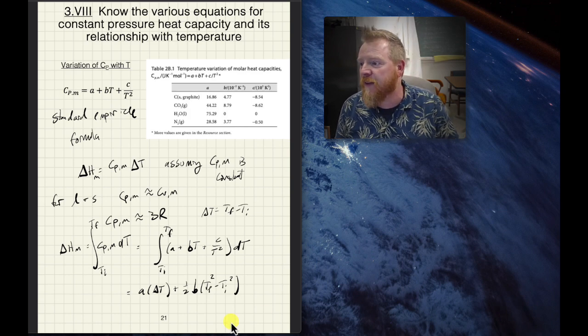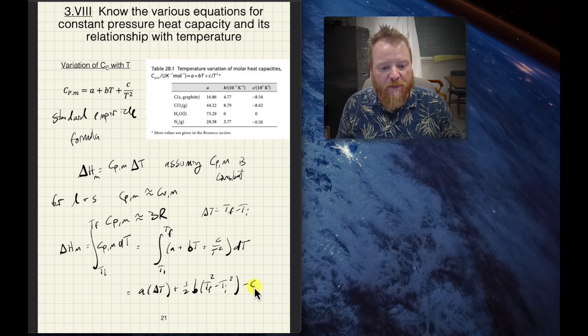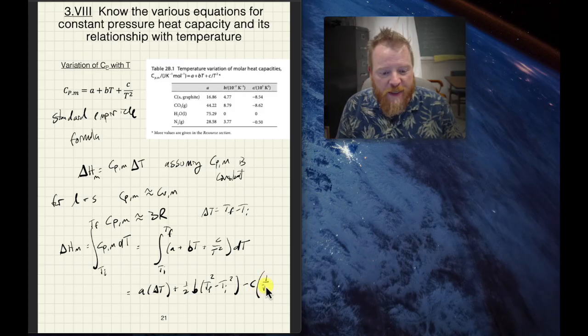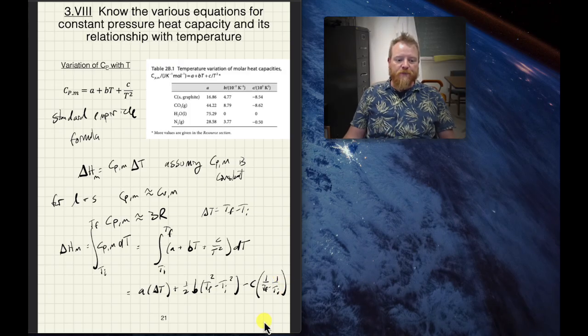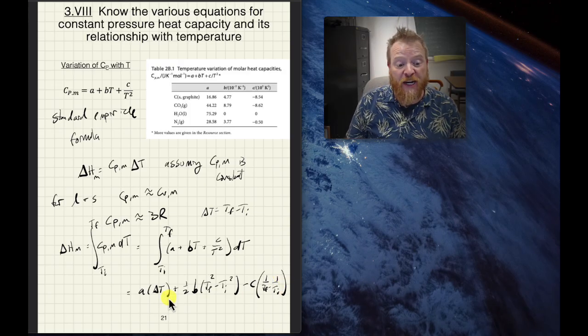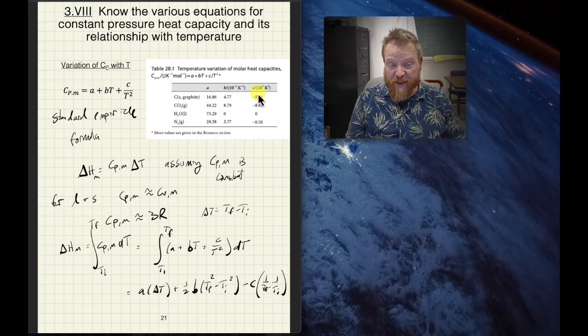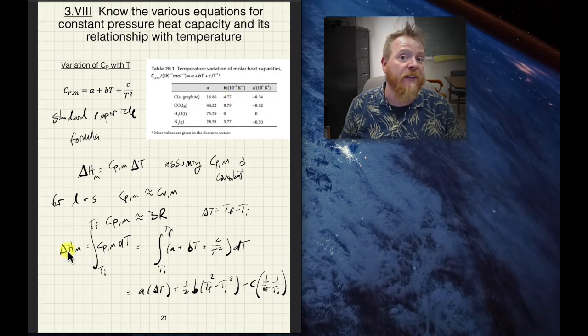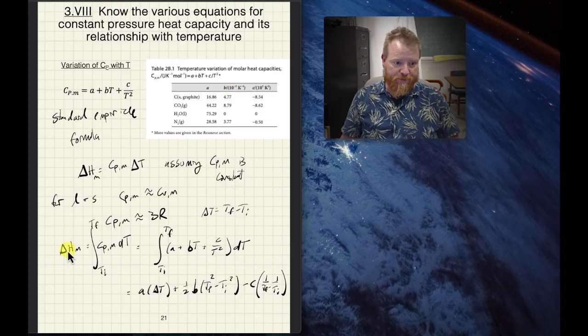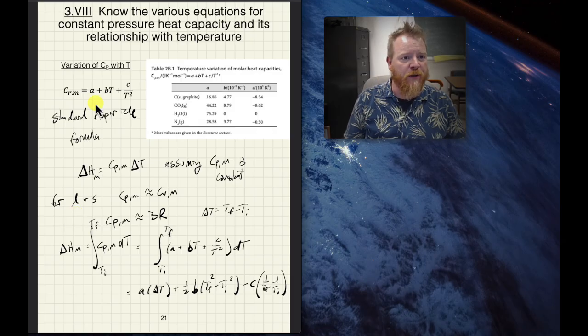We've got to square them and then subtract them. And then that's going to be minus C times 1 over T final minus 1 over T initial. And then knowing what our temperature change is and using these heat capacity constants, we could calculate the change in enthalpy.